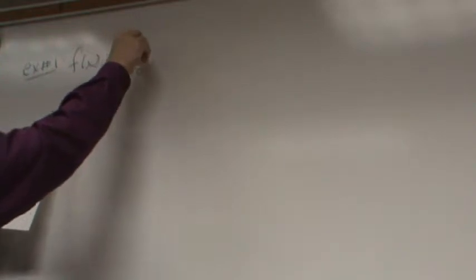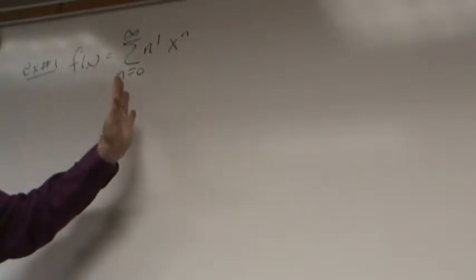Here comes the first one. Example number one: I've got f of x equals the sum as n goes from 0 to infinity of n factorial times x to the n. Of course, this is not Taylor and Maclaurin anymore. That's just one example of this infinity of different power series.